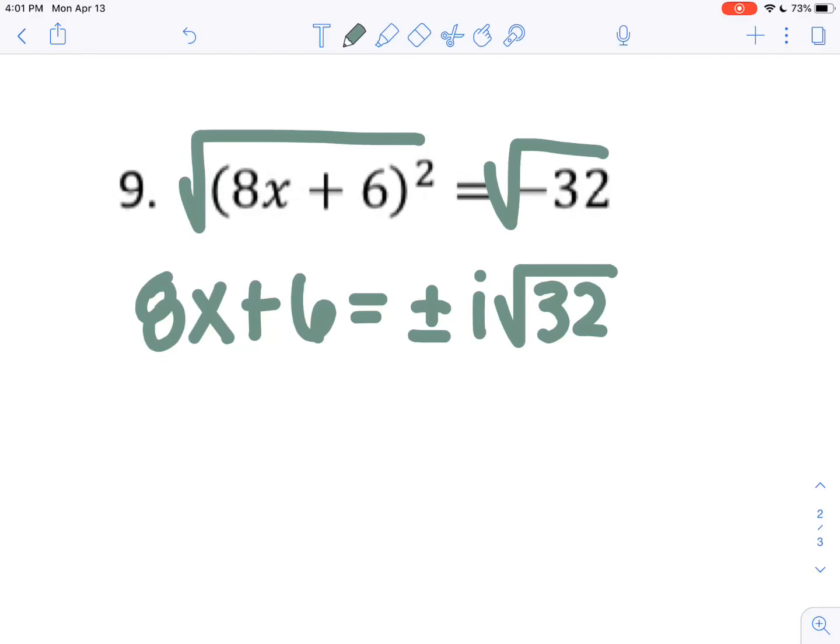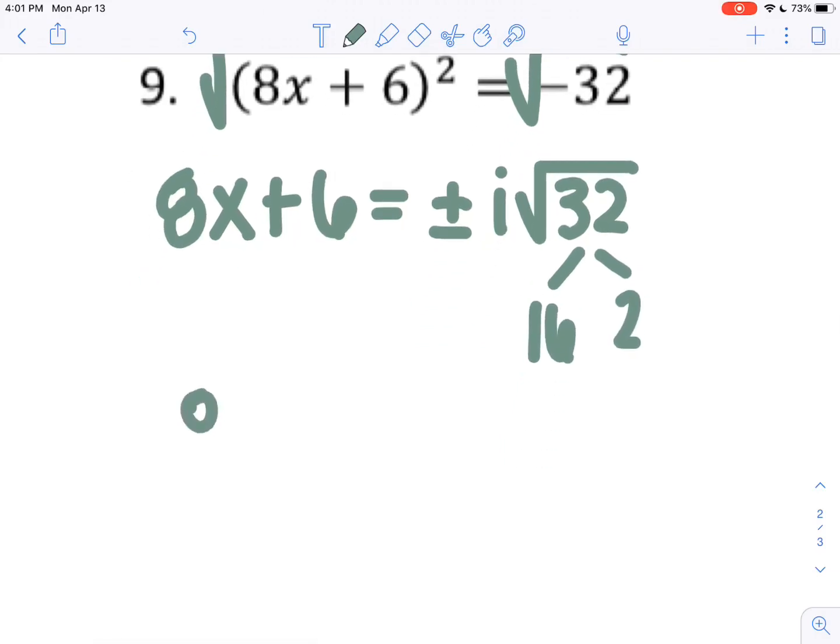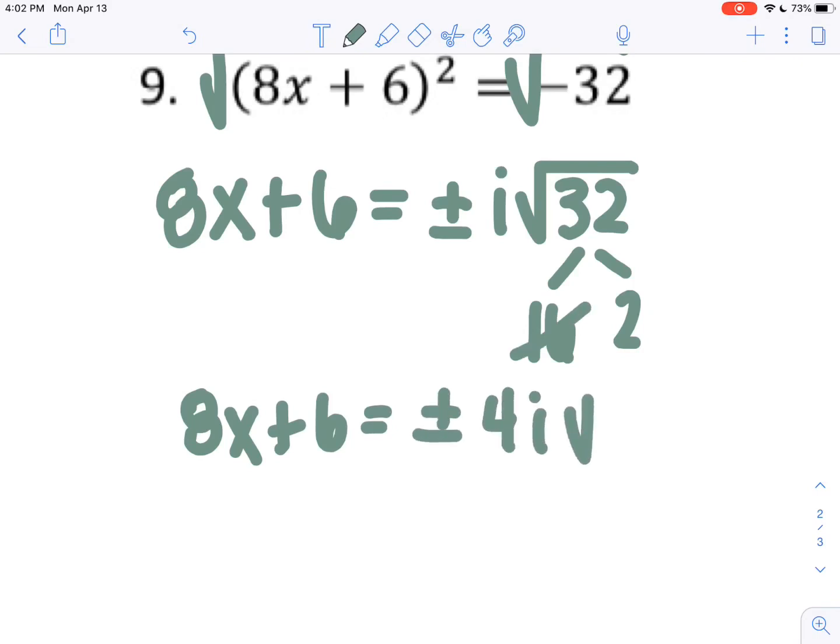Okay, so I could break this up into 16 and 2. So I get 8x plus 6 equals plus minus 4i root 2.